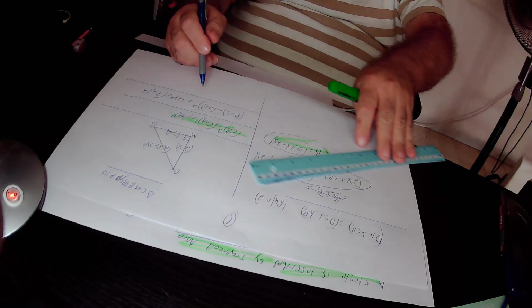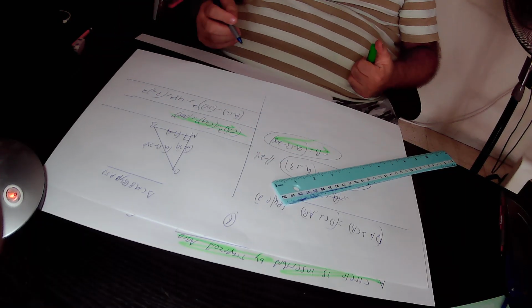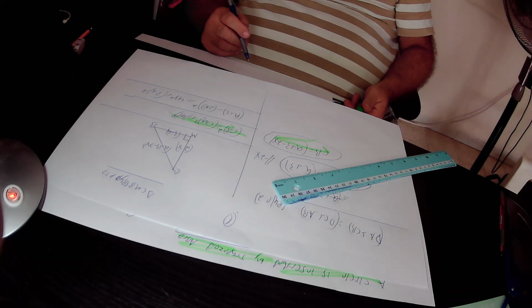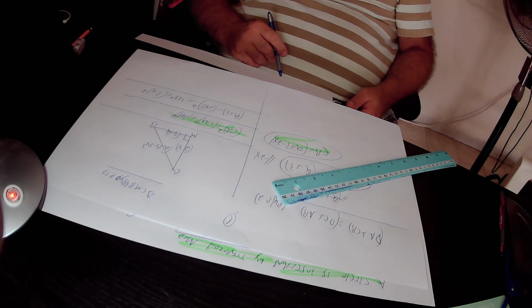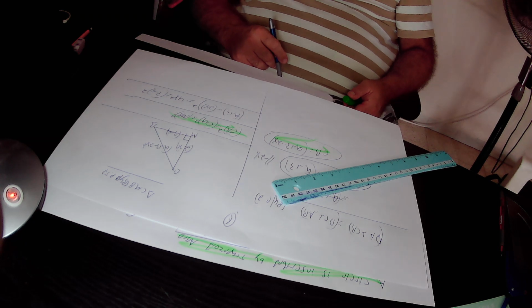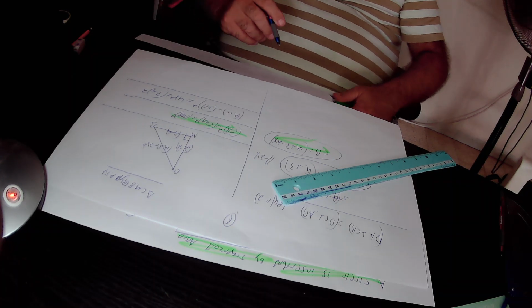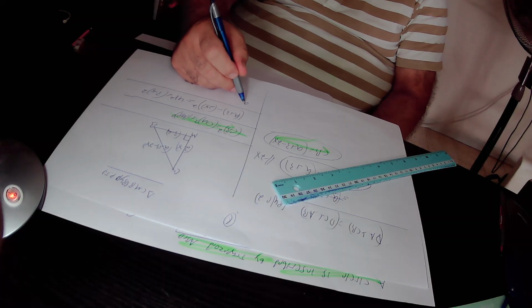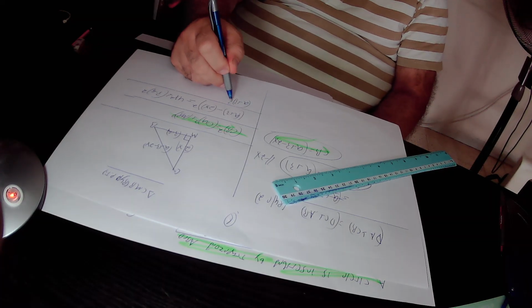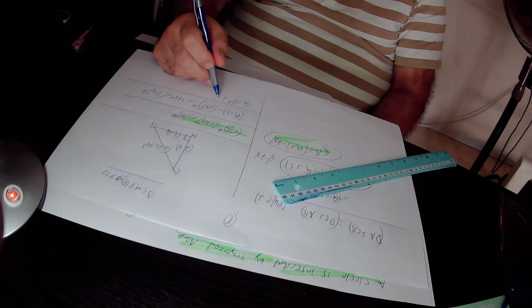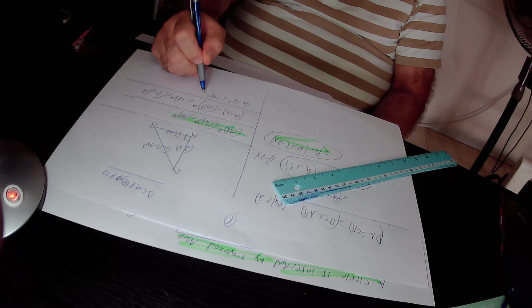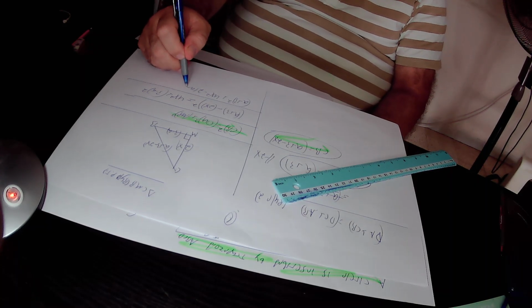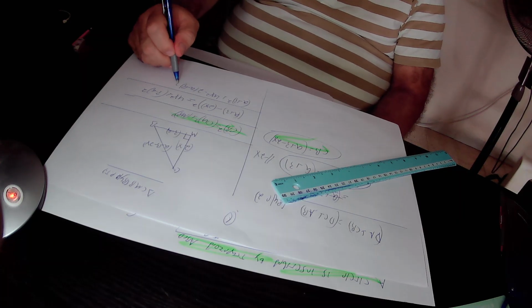We will open the brackets on both sides of this equation according to the algebraic identity that states (A minus B) squared equals A squared plus B squared minus 2 times A times B. So according to the identity, (a plus 3 minus 2x) squared must be equal to (a plus 3) squared plus (2x) squared, that is 4x squared, minus 2 times (a plus 3) times 2x.